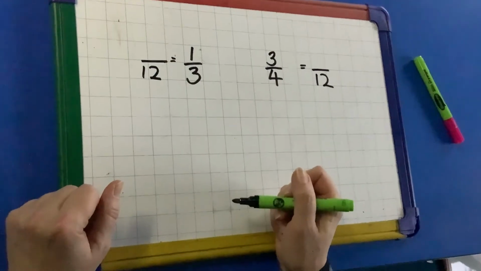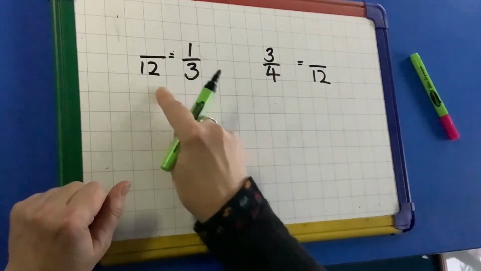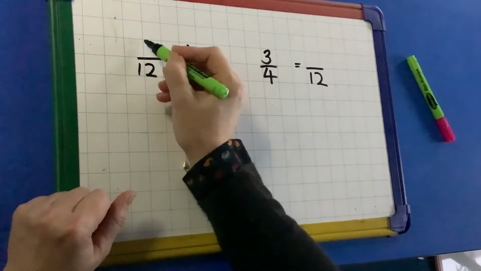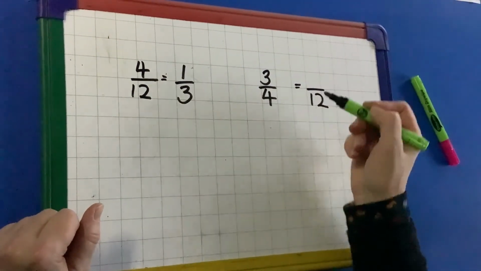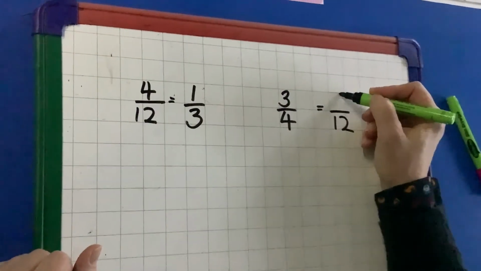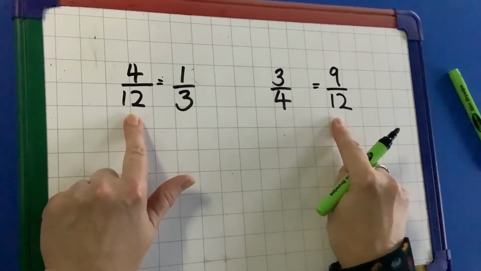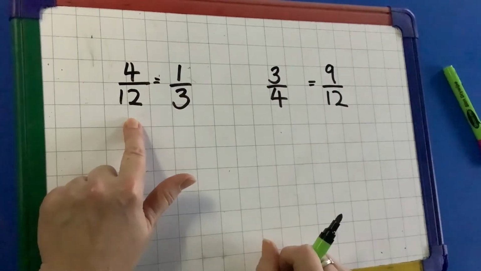So let's write my equivalent fractions. So here, let's have a little look. Right, that has been times by 4. So do the same to the top. That'd be 4/12. Have a look here. It's been times by 3. Let's do the same to the numerator here. 9/12. Can you think of any fractions between 4/12 and 9/12?